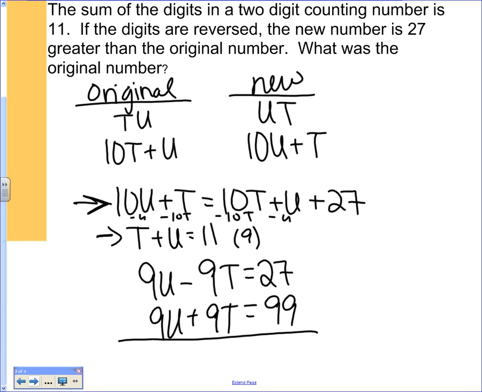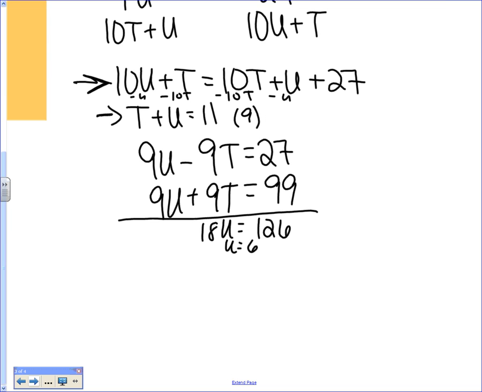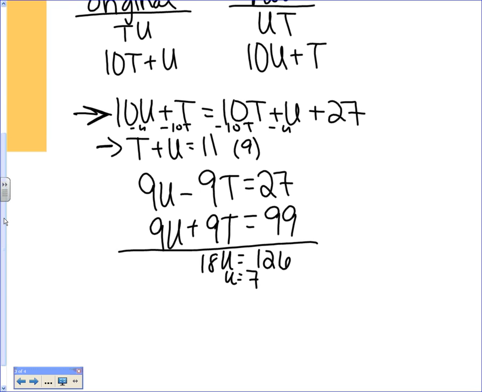Now what? So what does u equal? No, that's not right. Wait. Yeah. So if our u equals 7, what does our t equal?